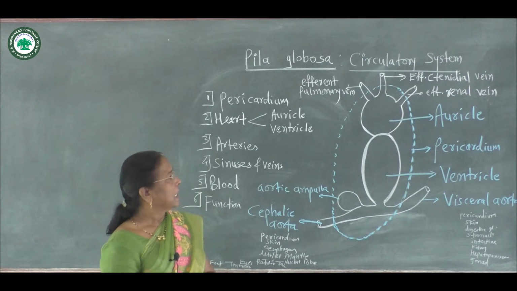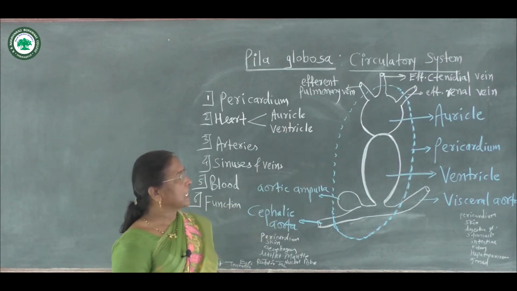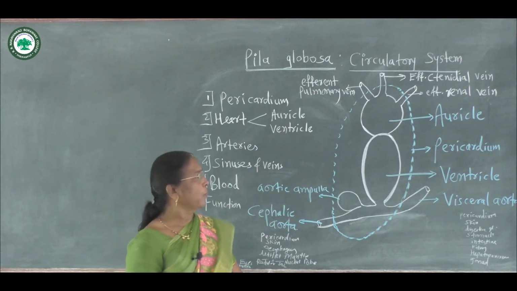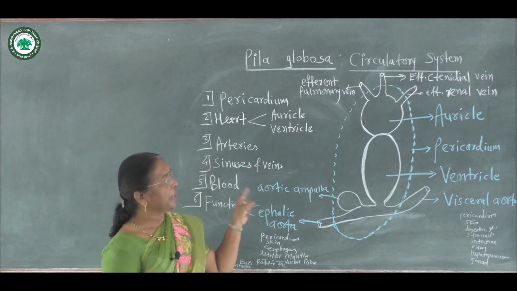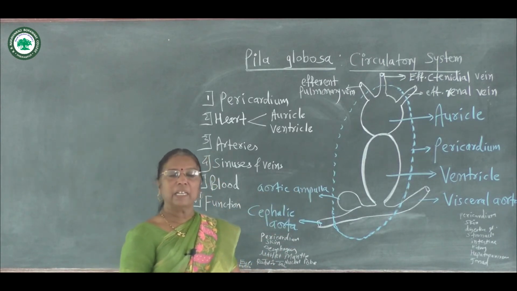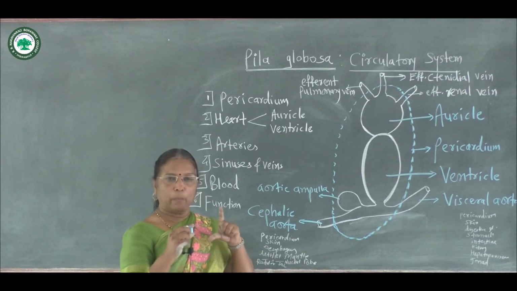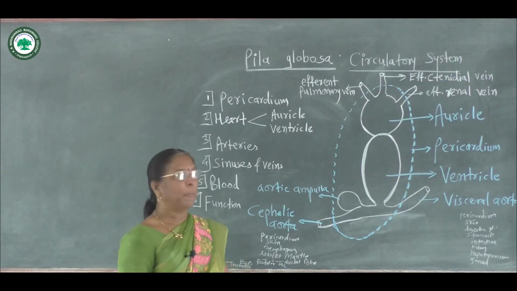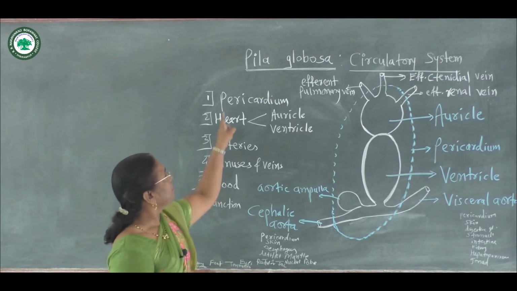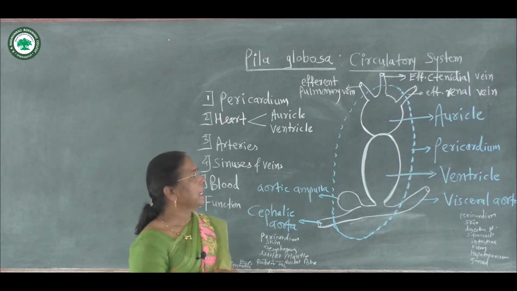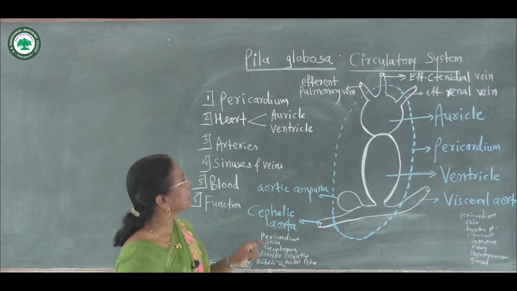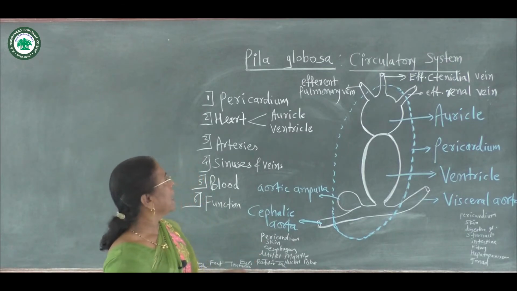Thus, the pericardium, which is thin-walled, true coelom, encloses the heart and protects the heart, situated inside the body wall behind the pulmonary chamber. This pericardium gives protection and it shows a thin membrane.